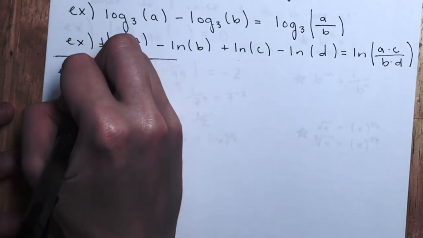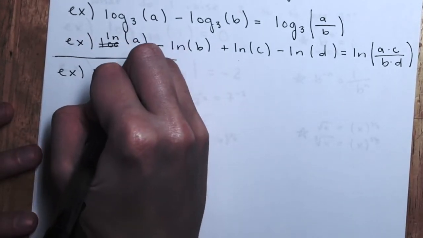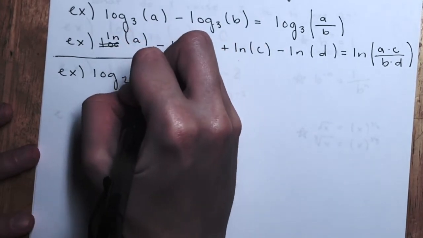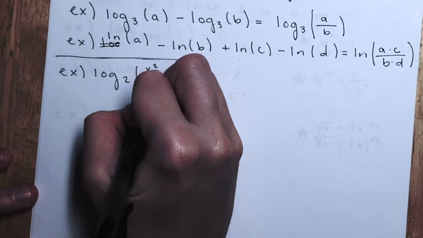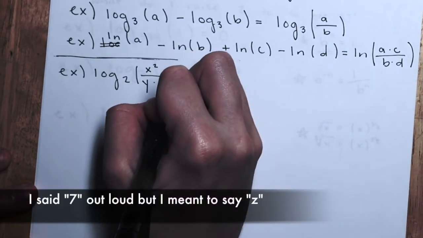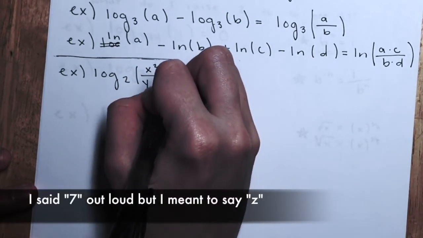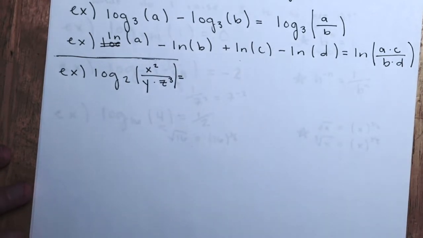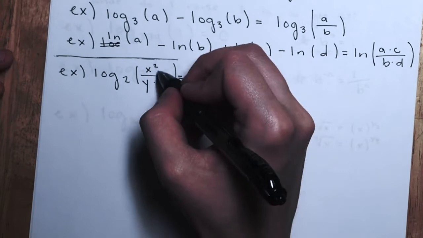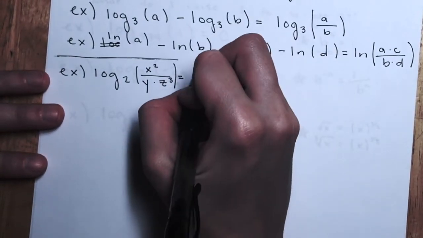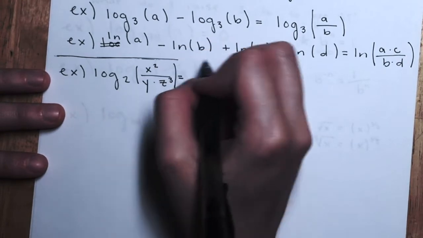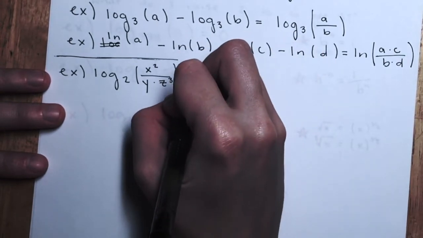So let's say we've got log base 2 of x squared divided by y times z cubed. Lots of stuff to split up, but it's going to be totally fine. We've got to split up using quotient and product rule first, before we can use power rule when we're splitting.